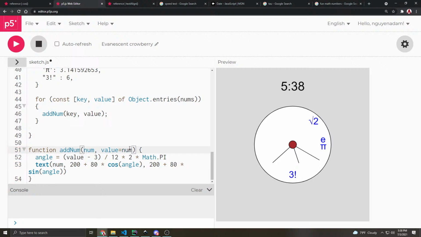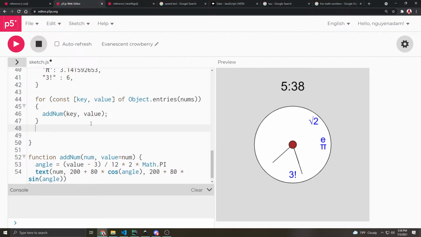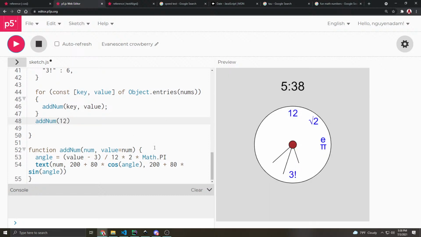Also, I'm curious, if the value just doesn't exist, can we set it to num? Like if I just say add num 12 or something, right? Oh, it works. This is a nifty thing, like a default value for the variable.